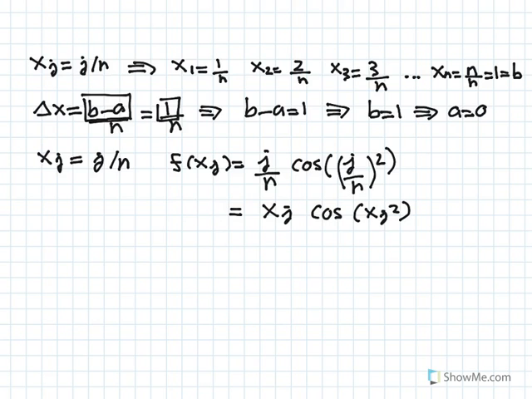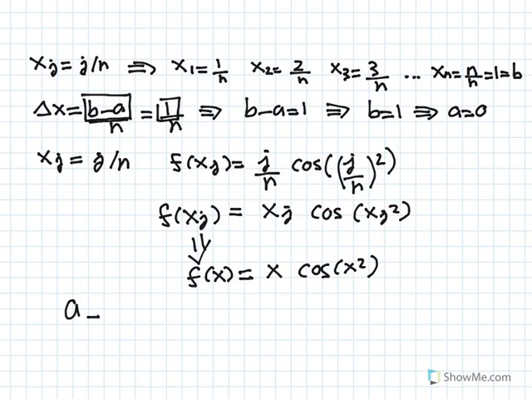So that's f of xj. So that also means that the function f of x is equal to x cos of x squared. We have a is 0, the lower limit of the definite integral, b equals 1, the upper limit of the definite integral. We also have the function f of x is equal to x cos of x squared.